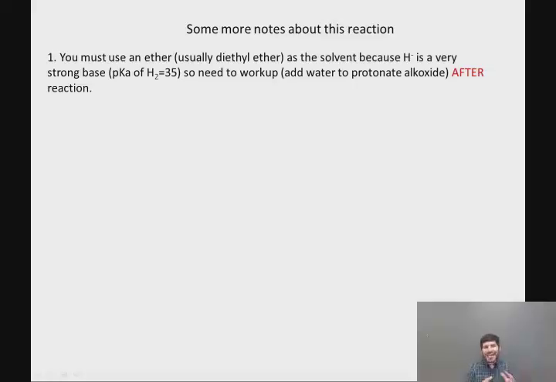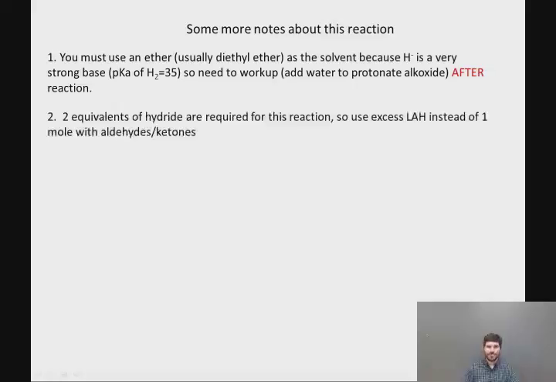So that cannot happen. Therefore, we avoid water and alcohols during the reaction until everything gets through the first 3 steps, and then you add water, even acidic water, to protonate everything to make neutral compounds after the reaction is over.